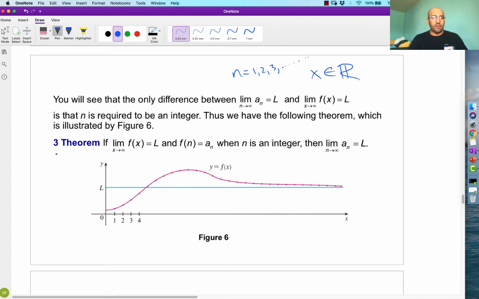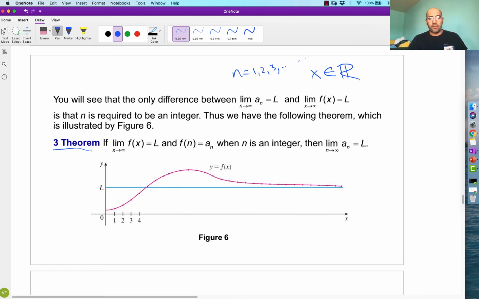Okay, so we have theorem 3. If the limit as x goes to infinity of f of x equals L, right, if the red continuous line converges to the line L, and f of n equals a sub n, so that means that each individual little dot that represents the a sub n sequence is a value on that f of x function, when n is an integer, then the limit as n goes to infinity of a sub n equals L. Right?